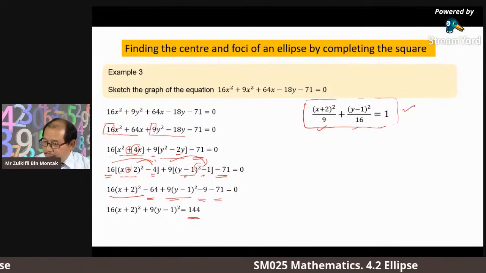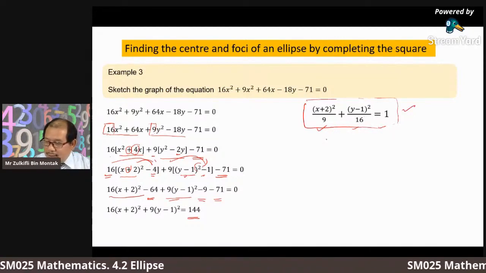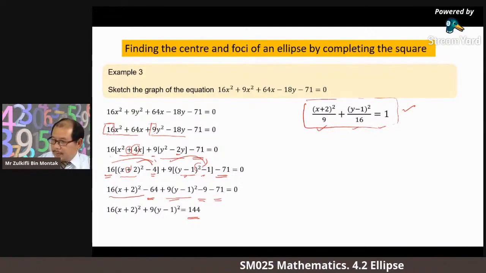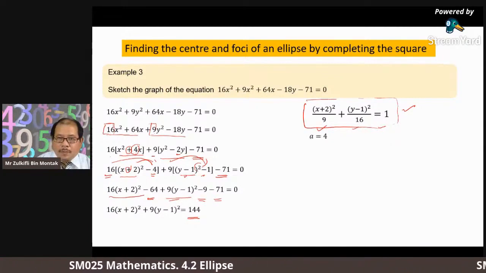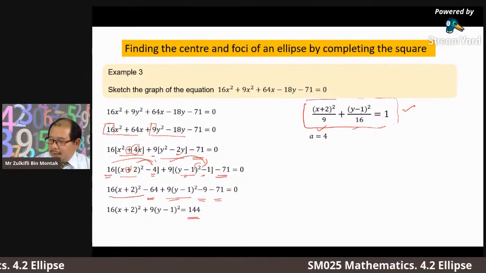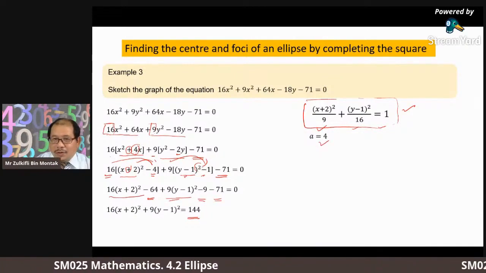From the equation of the ellipse, we can determine the center, and then we can determine the vertices and the foci. So a squared is the value under the (y minus 1) squared. a squared equals 16, a equals 4.